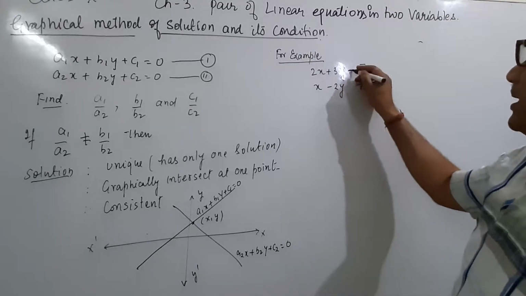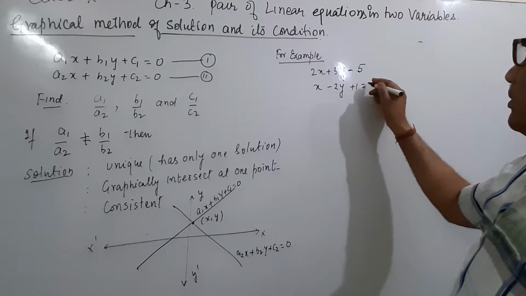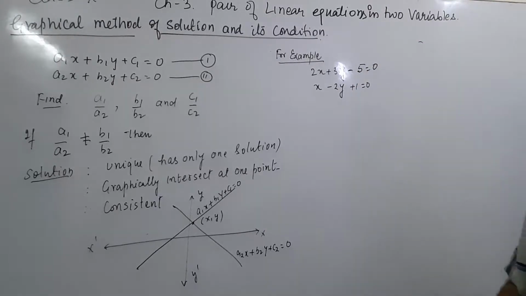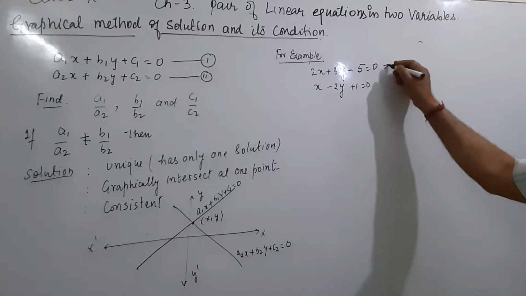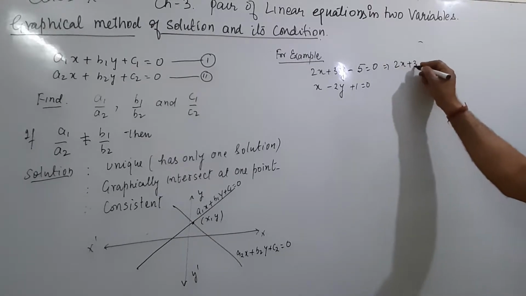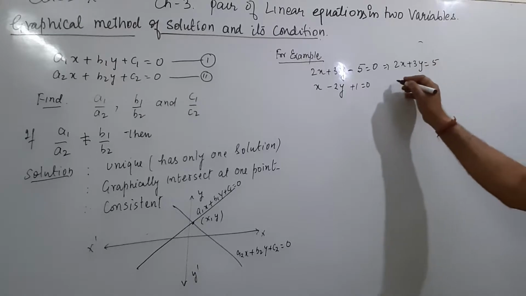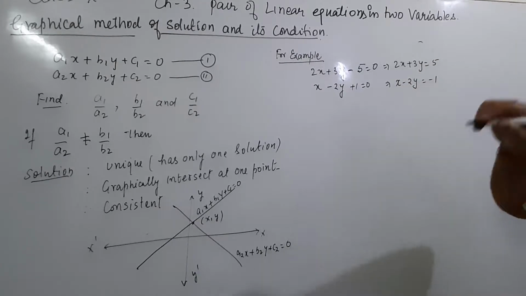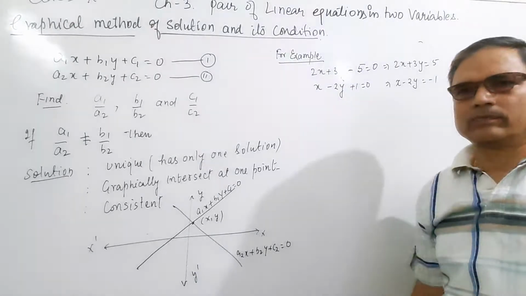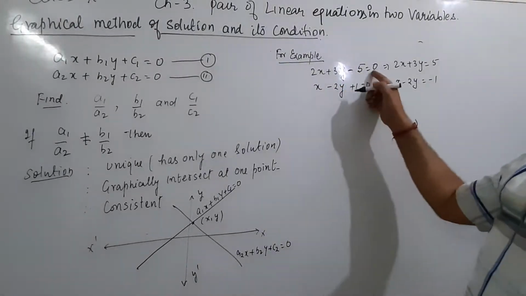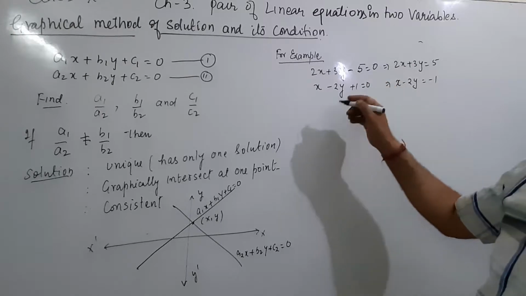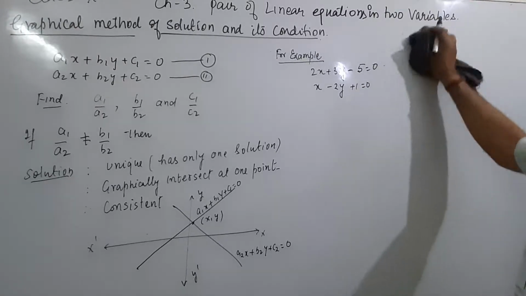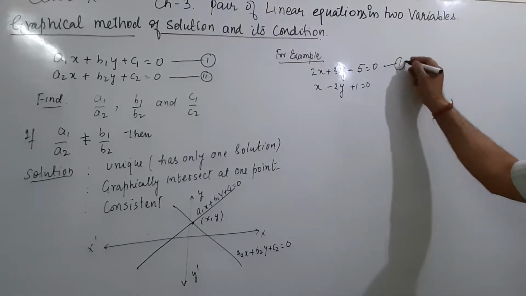Or we can also write it as 2x plus 3y minus 5 equal to 0, and x minus 2y plus 1 equal to 0. This is equation number first, this is equation number second. Is it clear?